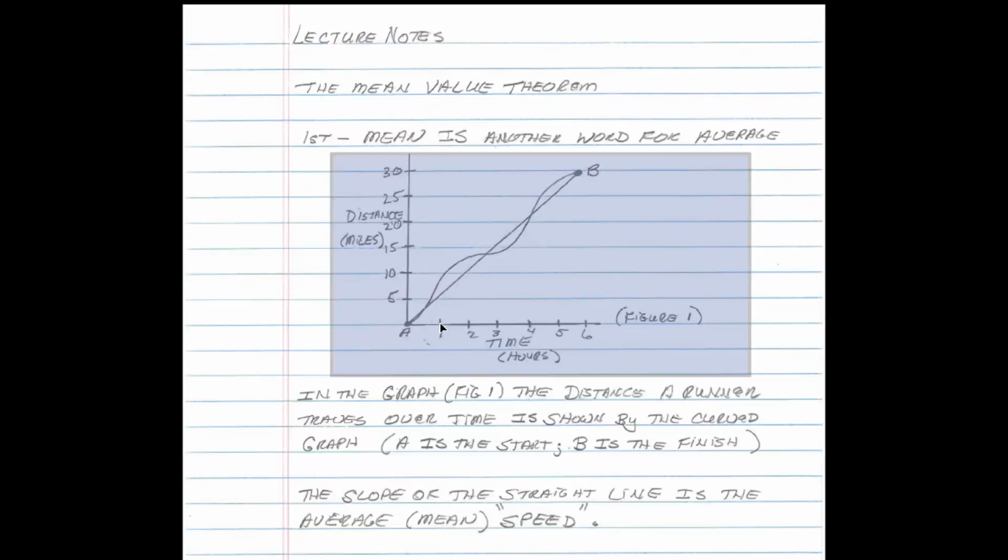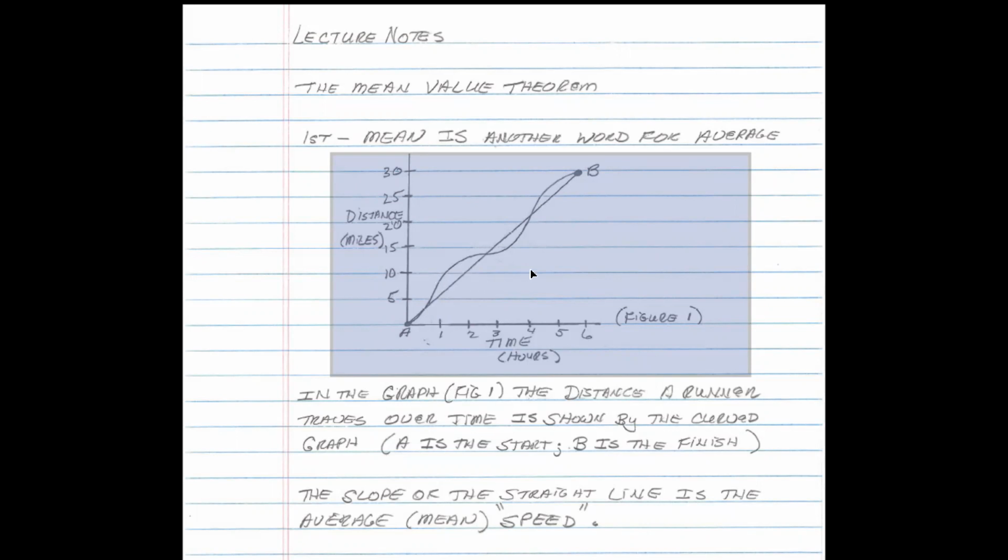At the end of 1 hour, the runner has gone almost 10 miles. At the end of 2 hours, the runner has gone slightly less than 15 miles. So the runner's not running at the same pace the whole way, as you can see.